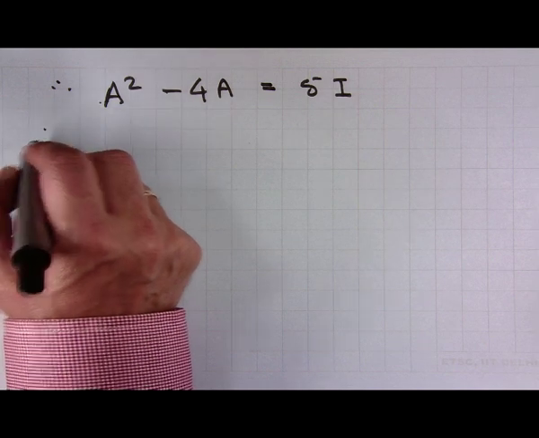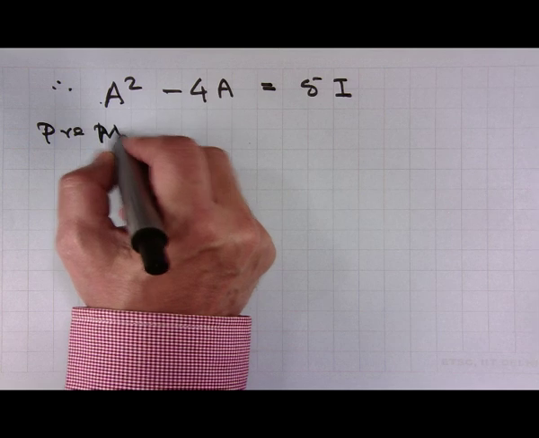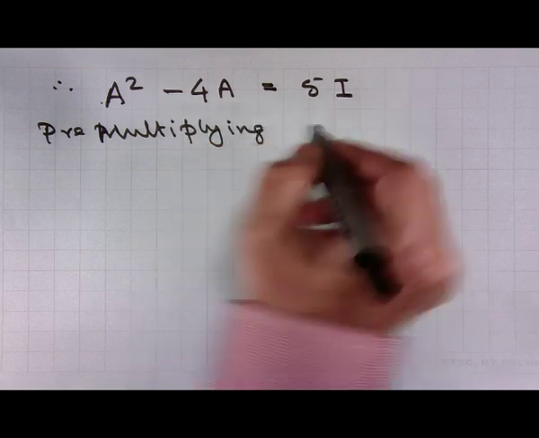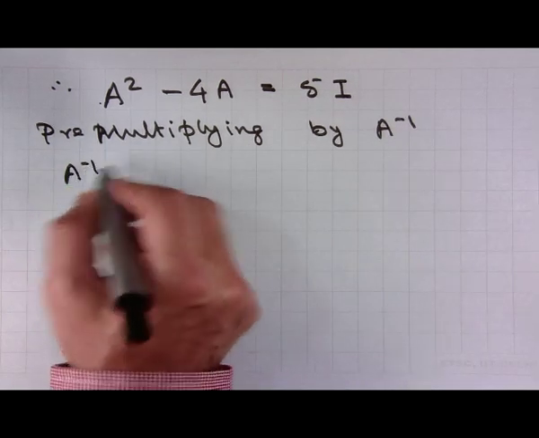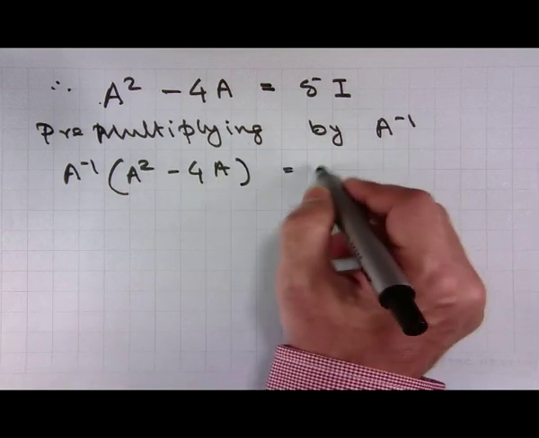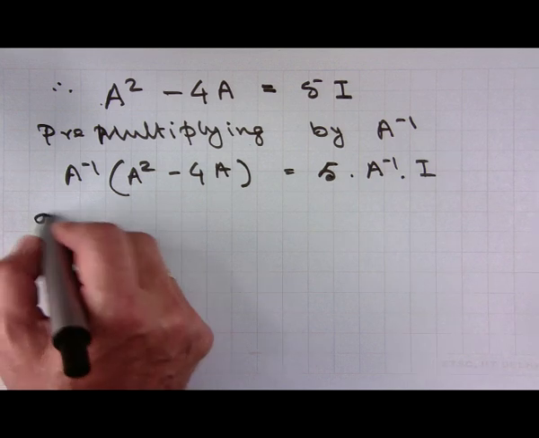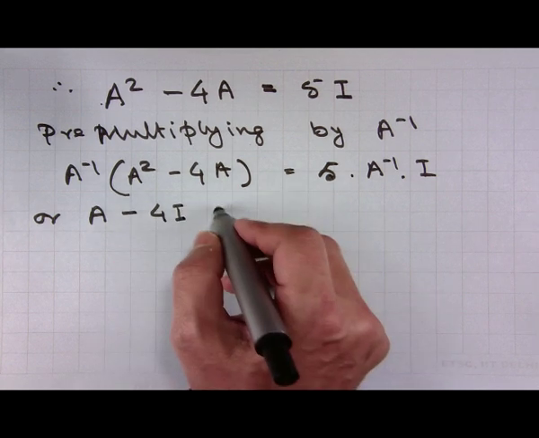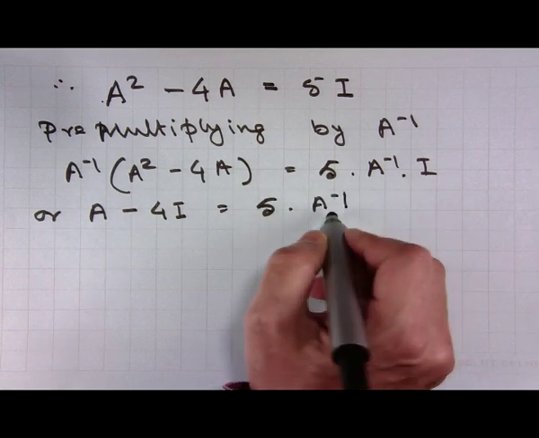Pre-multiplying A square minus 4A equals 5I by A inverse, A inverse into A square minus 4A is equal to 5 times A inverse into I, or A minus 4 into identity matrix is equal to 5 times A inverse.